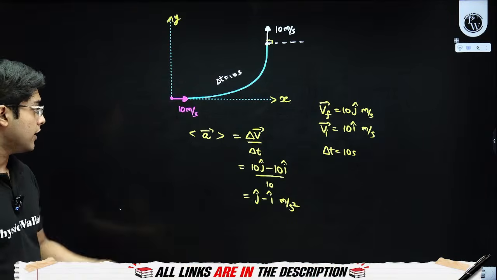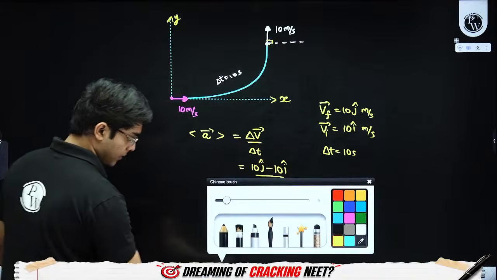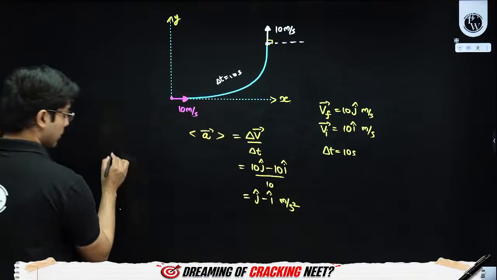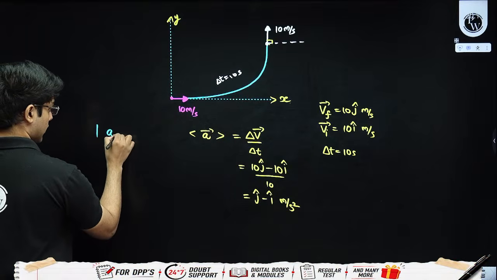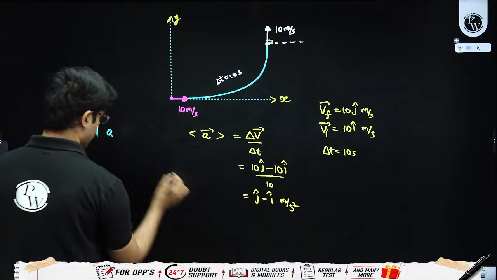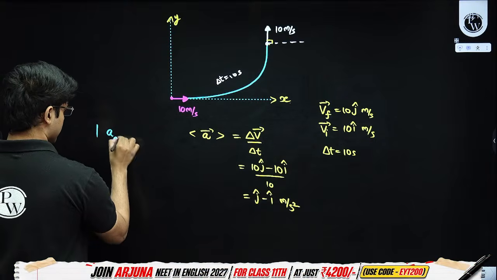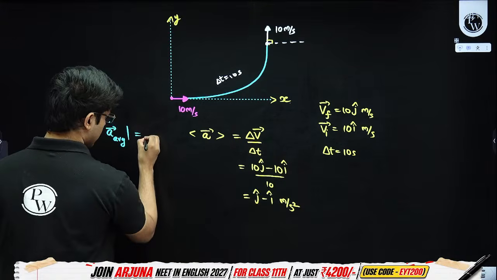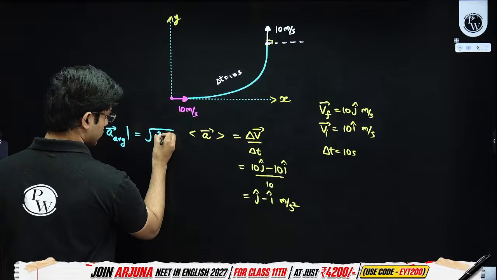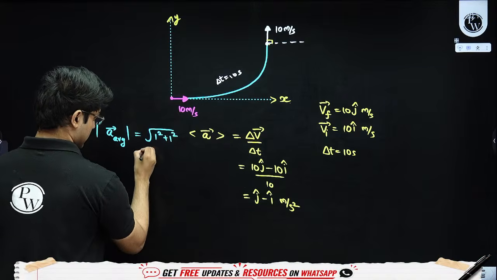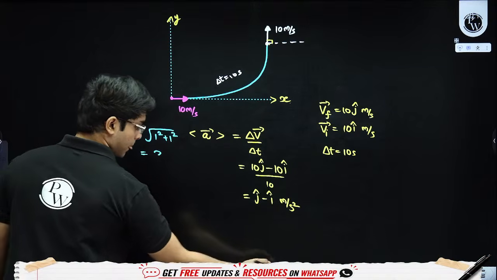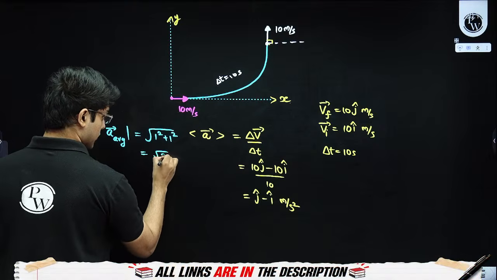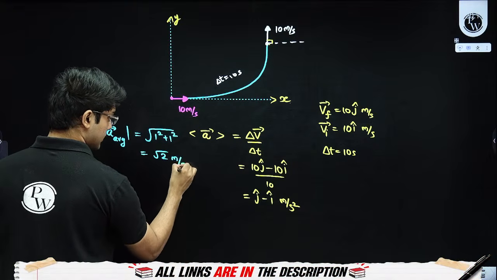So if you want the magnitude of average acceleration, what is the magnitude of j cap minus i cap? Root of x component square plus y component square. So it will be root 2 meters per second square.